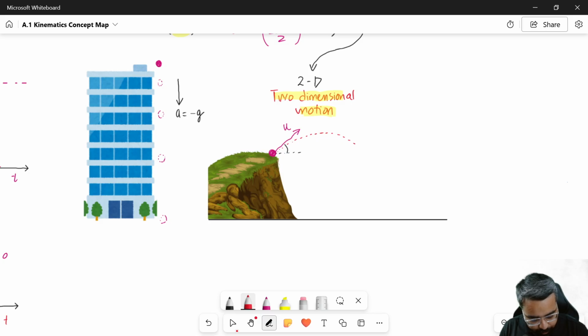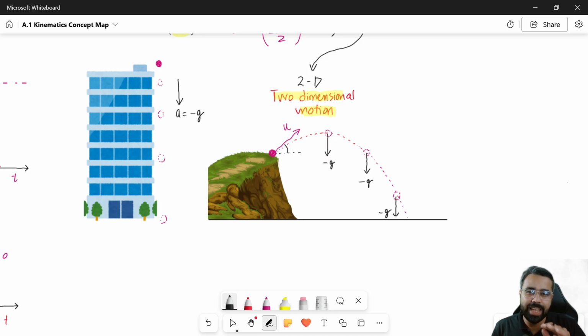If you ignore air resistance, this will be the parabolic path of the ball. Students, at all positions, not only at maximum height, the acceleration is constant, as you see. So we consider this two-dimensional projectile motion also constantly accelerated motion, and you can solve any projectile question with the help of the four equations of motion that I have written.